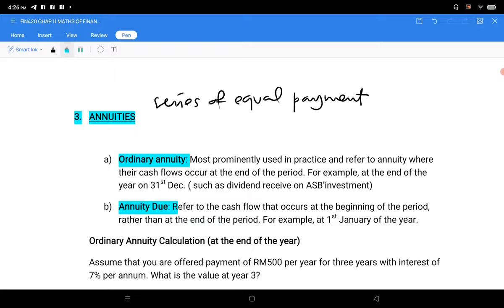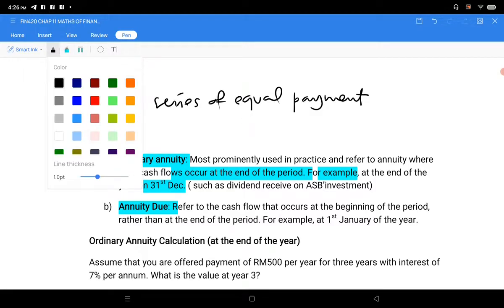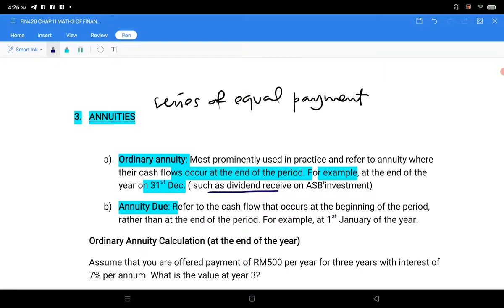Okay, so ordinary annuities actually refers to the cash flow that happens at the end of the period or at the end of the year. For example, at the end of the year on 31st December, such as the dividends that investors receive from their ASB, Amanah Saham Bumiputra's investment.